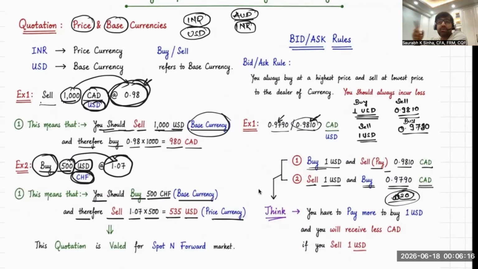There will always be two quotations in the market, and that is called the bid and ask rate. It is given because whenever you try to buy in the market, you will buy at a higher price, and whenever you want to sell, you will receive less, because currency is predominantly dominated by the dealers.